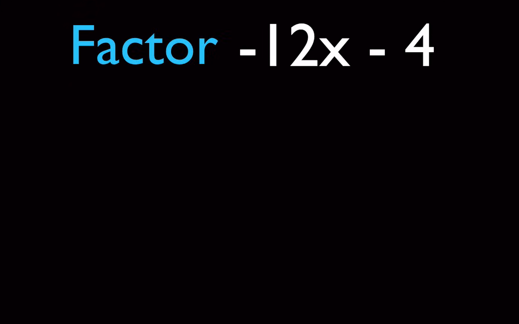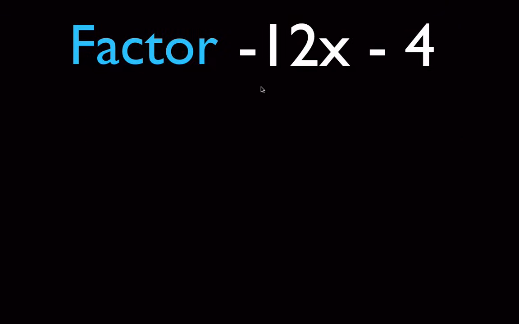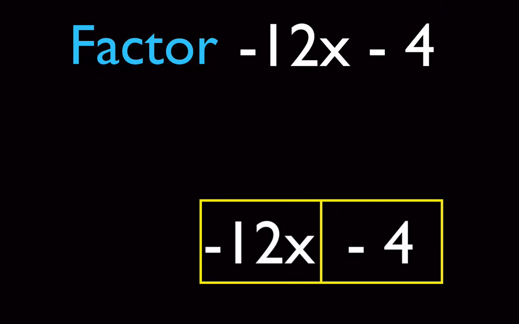So let's give this one a try. Go ahead and pause the video and give it a try. Notice that this is a negative 12 here, so you're going to have to take a negative out of the problem. All right, so we start off with our square. Inside we have a negative 12 and a negative 4. As I said before, if this is a negative, you have to take it outside.